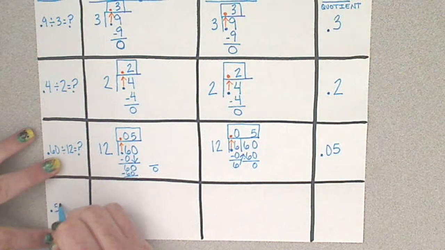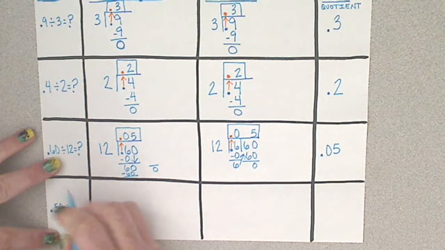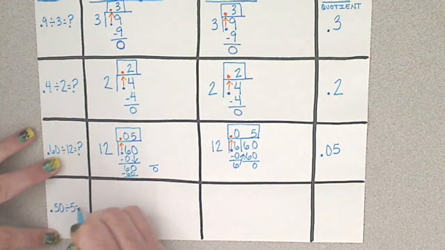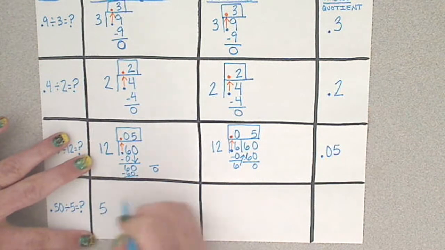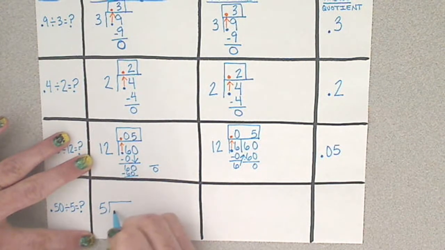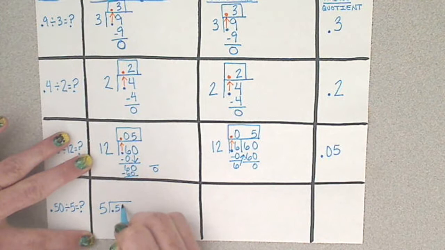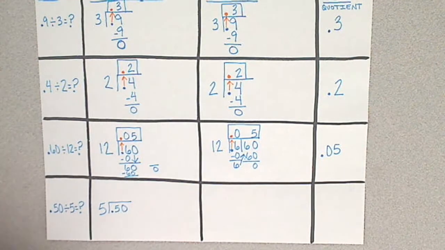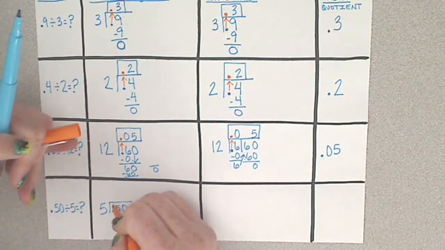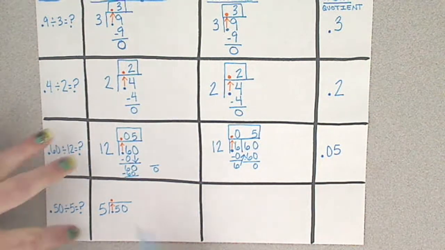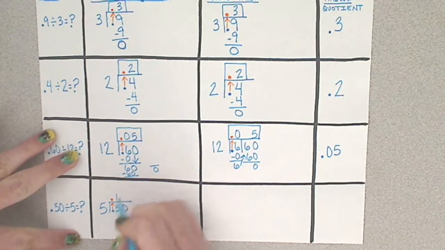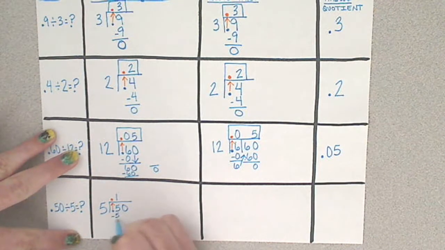I have 50 hundredths divided by 5. My divisor goes on the outside. My dividend goes on the inside. I'm going to drag my decimal up to the top. 5 can go into 5 one time. 5 times 1 is 5.